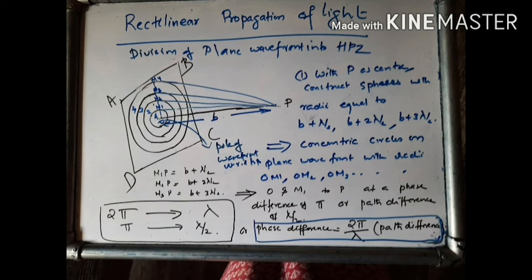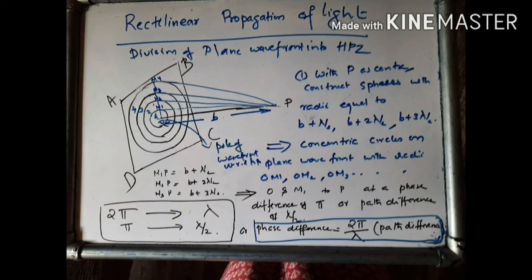So Fresnel drew a perpendicular from P to the wavefront, meeting it at O. See the figure, the center of the plane wavefront is O, so the distance between O and P is represented as b.